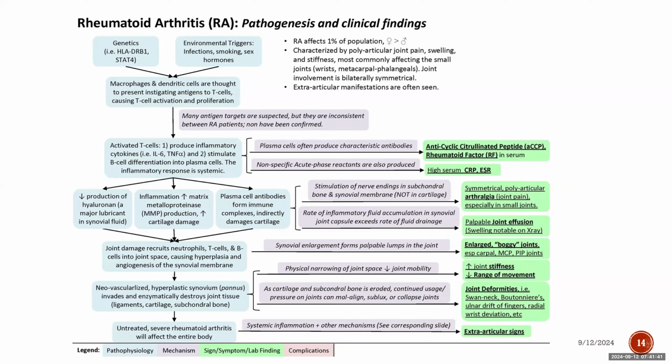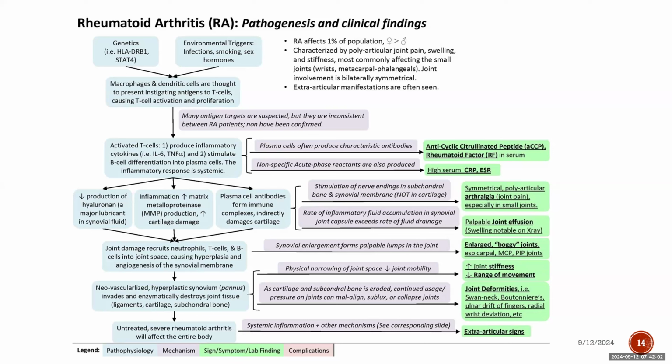So with all of this activation of these T cells and B cell proliferation, there is destruction or reduced production of hyaluronan, which is a major lubricant in synovial fluid, and also increased metalloproteinase production with further destruction of the cartilage.